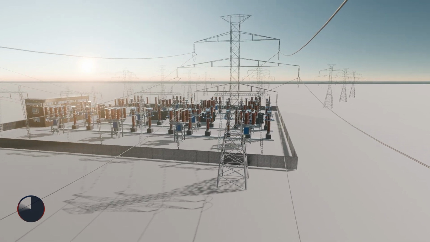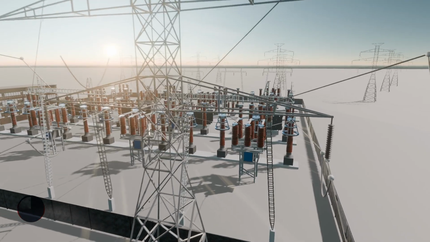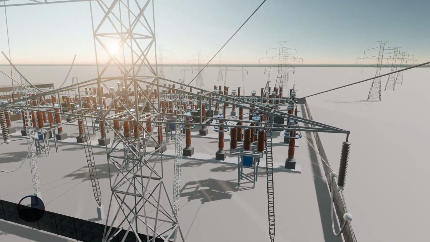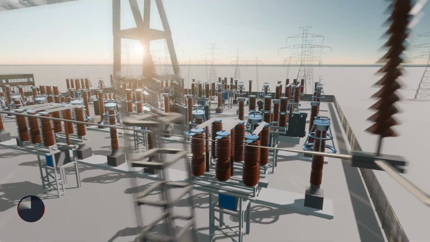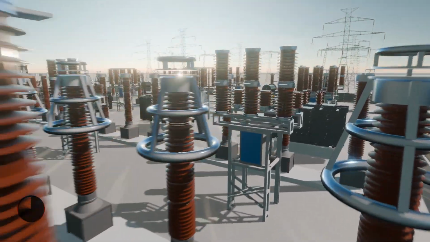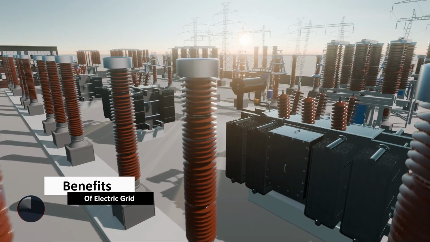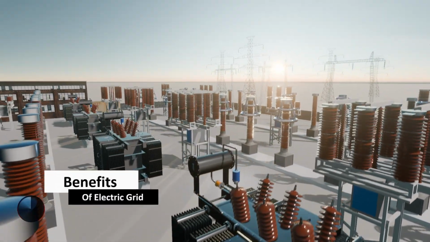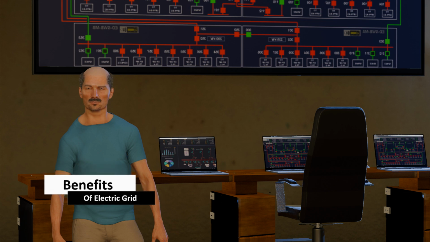The grid is the backbone of any nation's electricity supply. This complex network of electricity substations, transformers, and power lines is responsible for transporting electricity from the generation station to the end user for consumption, and everything else in between. There are 5 major benefits of electric grids.